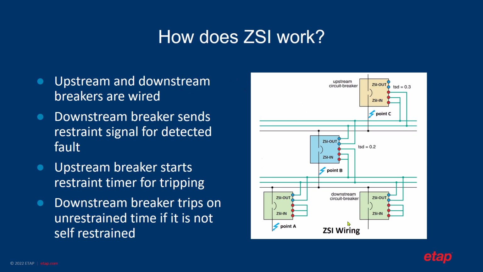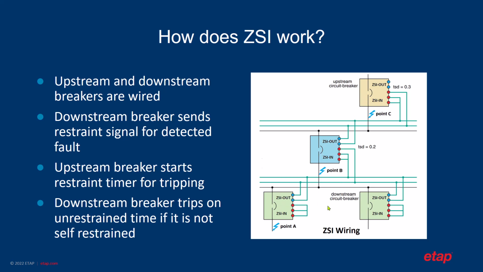Let's take a look at the capture on the right side, and I'll show you how these different steps work using this example. In this capture, we have 4 breakers: the green ones, the blue one, and the yellow one.